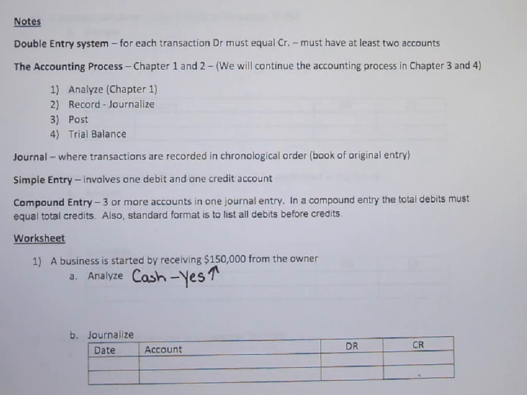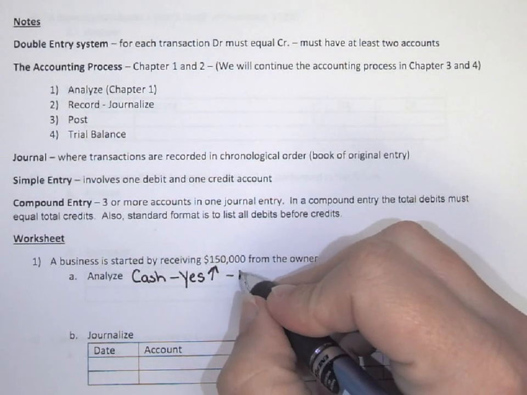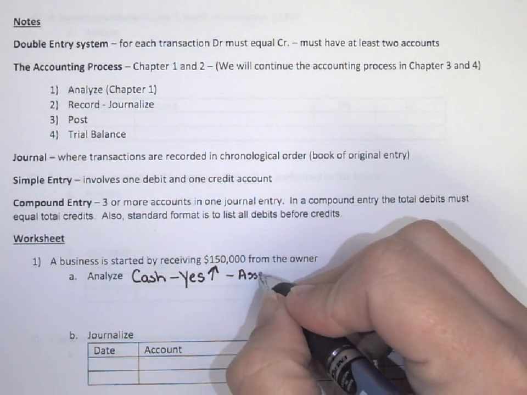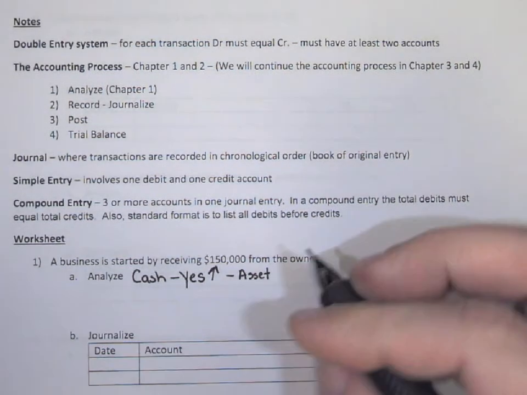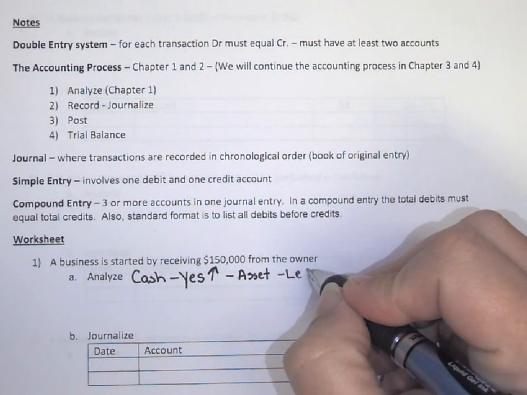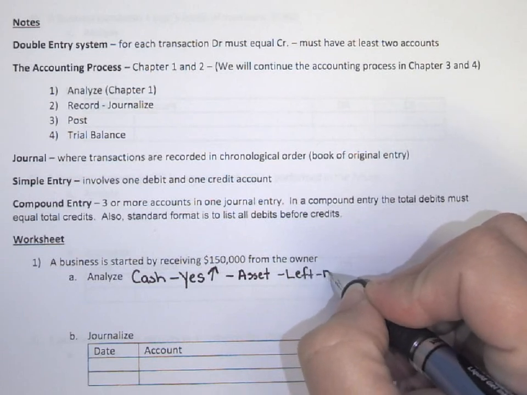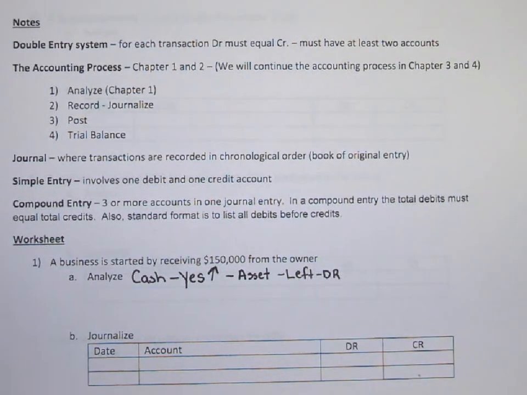When cash, which is an asset, increases, it increases on the left side, which means it is a debit.